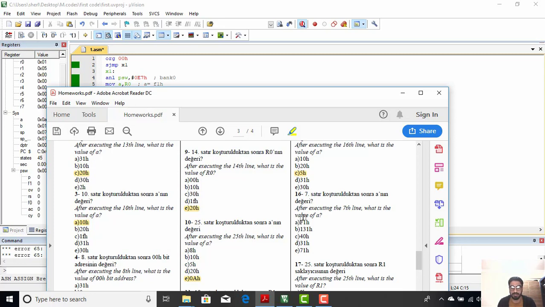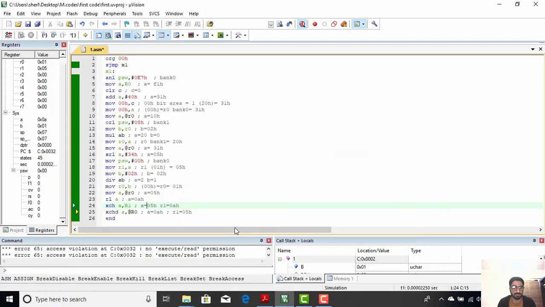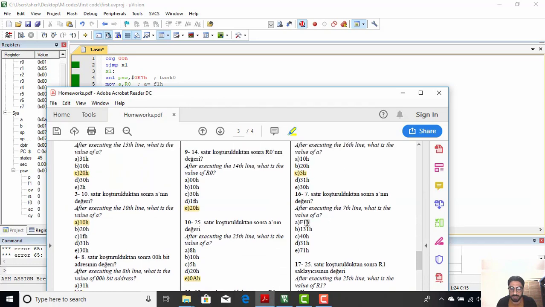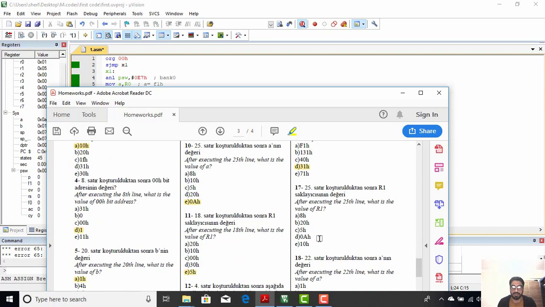After executing the 7th, what is the value of A? The value of A is 31, another 31. Yes, that's right.